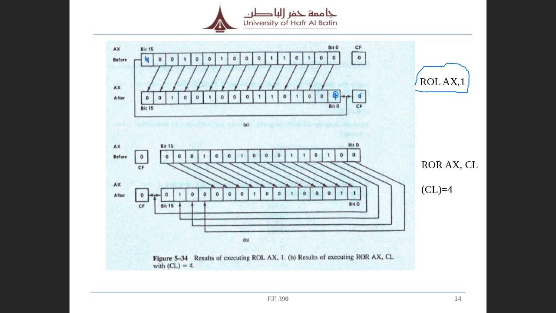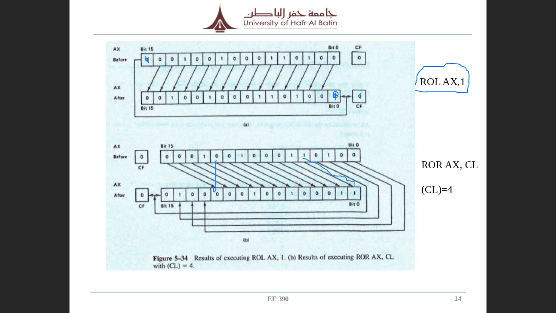Now look at here, shift right, AX comma CL, and CL is 4, for example. That means a 4-bit rotation right. For right cases we start from the MSB. So 4 bits: 1, 2, 3, 4. Everything will be shifted, and these bits come up here.